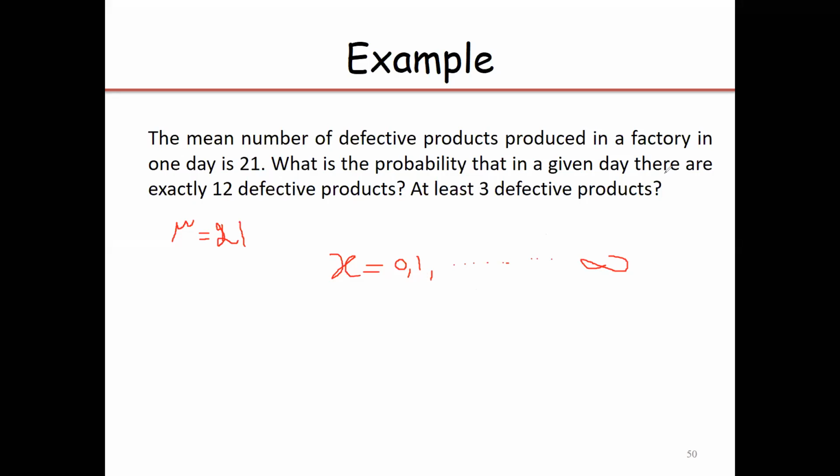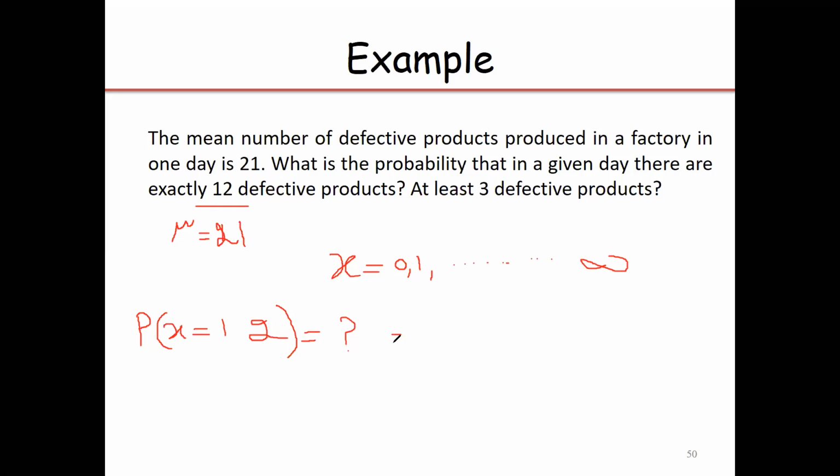But we are interested only in a given date. There are 12 products. So we are interested in the probability of x is equal to 12. That means we are interested in computing the probability that 12 defective products are produced on a specific day.